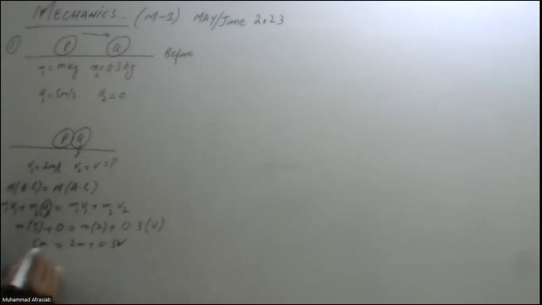This will become 5 minus 2, 3m is equal to 0.3v, or v is equal to 3m over 0.3. That is equal to 10m.